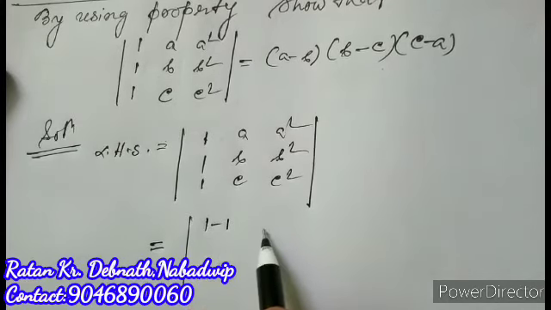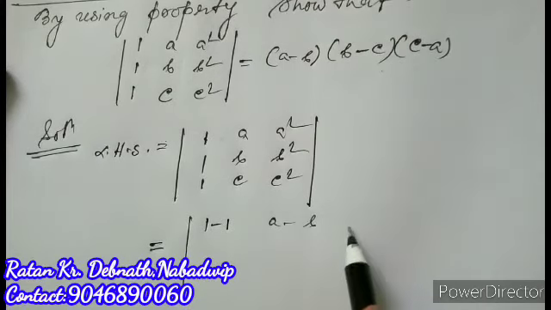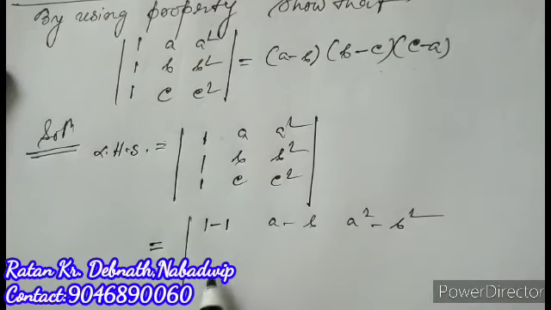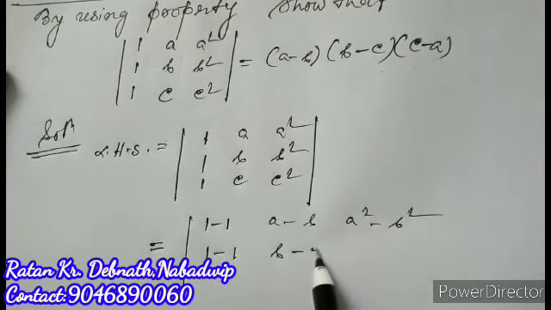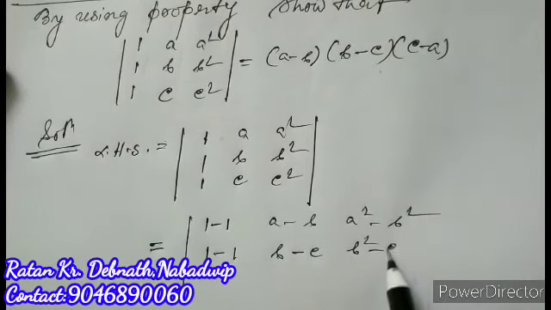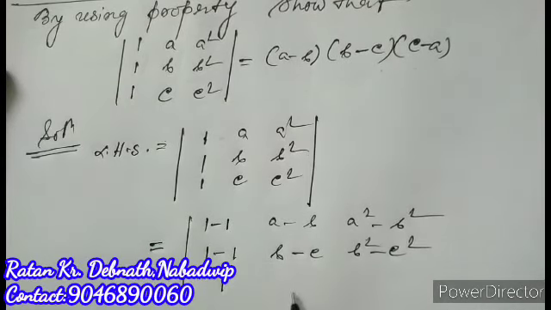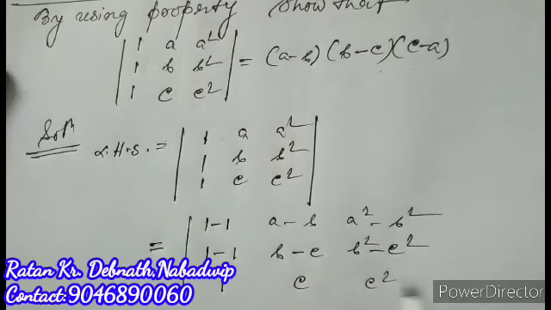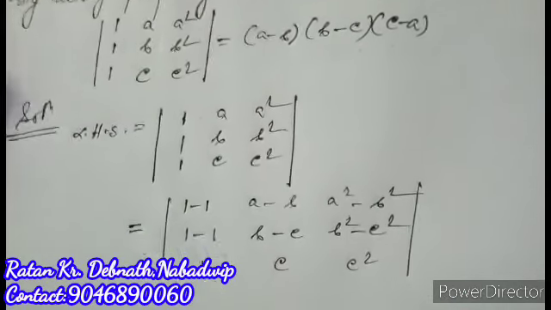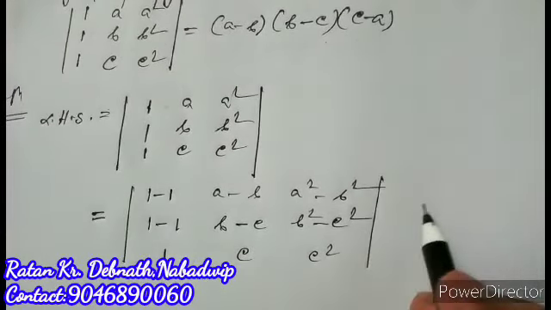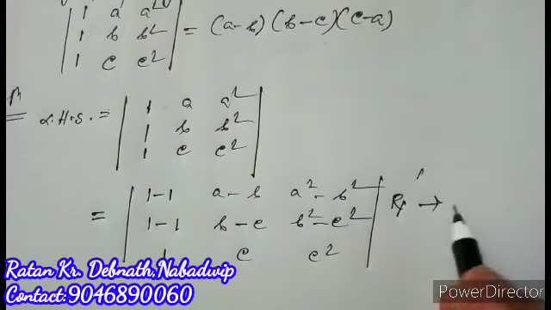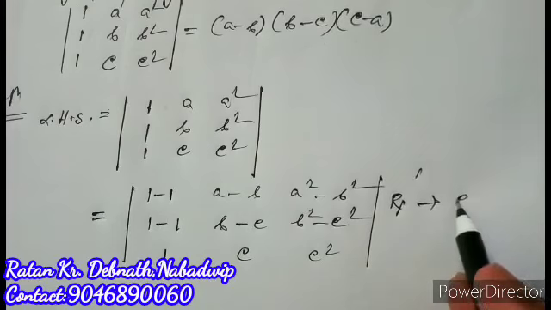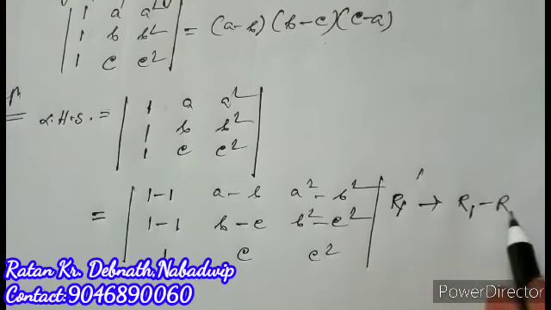1, minus 1, a minus b, a square minus b square; 1, minus 1, b minus c, b square minus c square; 1, c, c square. What I am doing here: r1 prime changes to r1 minus r2.